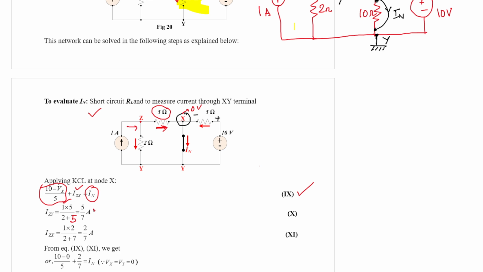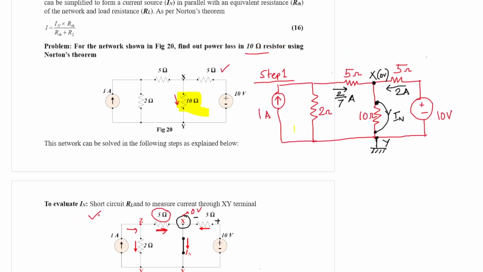So it will be 5 by 7. Similarly we can evaluate IZX: 1 into 2, the resistance of the other branch, divided by 2 plus 5. So it will be 2 by 7. That is why I have mentioned this current as 2 by 7.